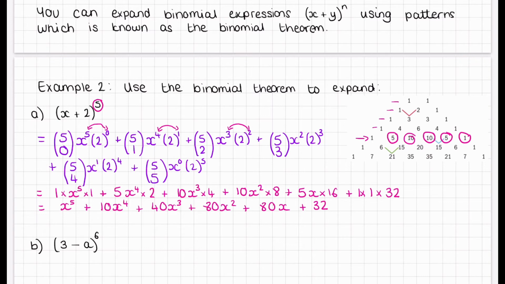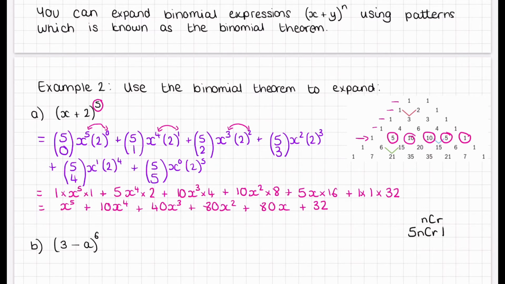Now, another way you can work out your combinations is using your calculator. So depending which calculator you have and use, if you are just using a normal scientific calculator, you'll see the little button that says nCr. If you're doing 5, 1, you'd write 5, then press the nCr button, then 1, and it will calculate it for you.